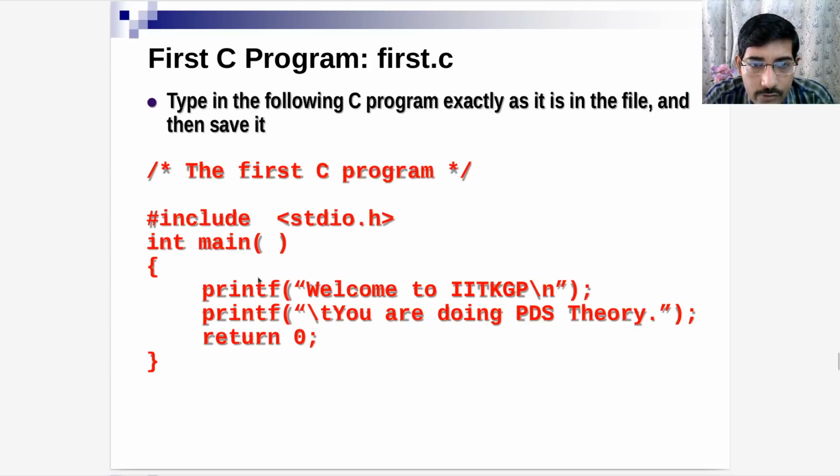If you write this program, compile and execute, you will see it will print welcome to IIT KGP. \n means it will give a new line. \t means it will give a tab position, that is a particular space you will see in the beginning, maybe 4 characters, 8 characters, however it is set in your computer. It can vary. And then you are doing PDS theory, full stop. These 2 lines you will see when you run the program.